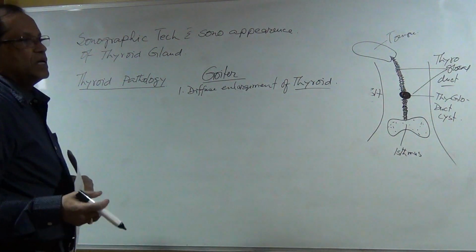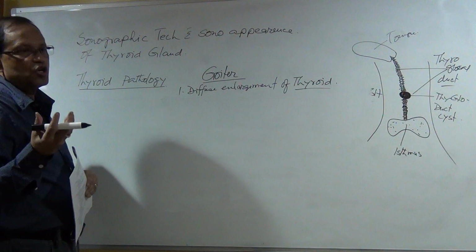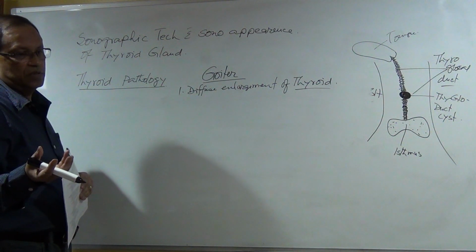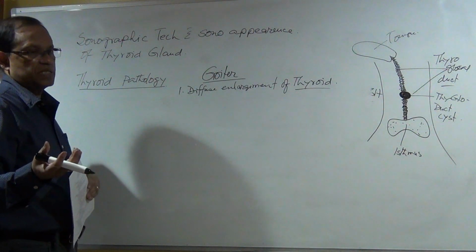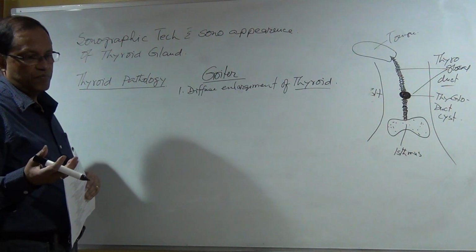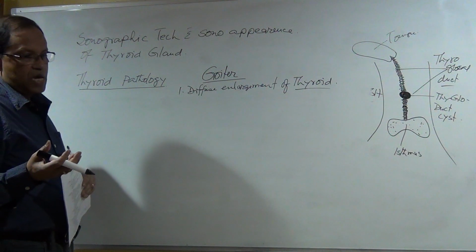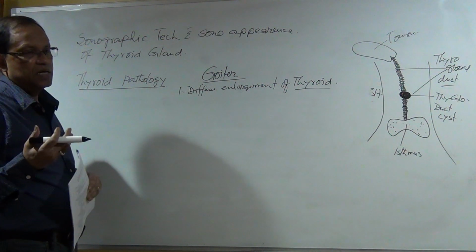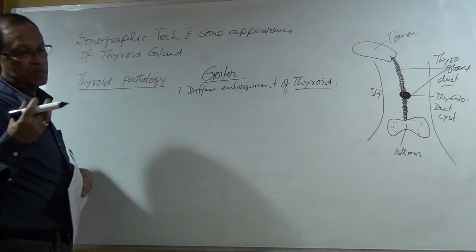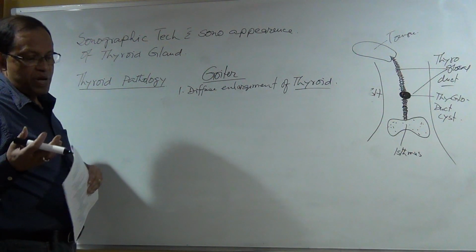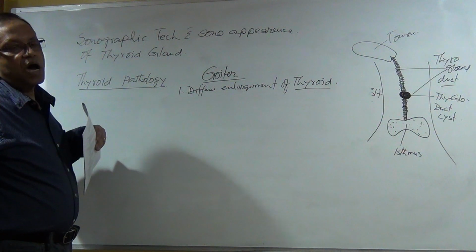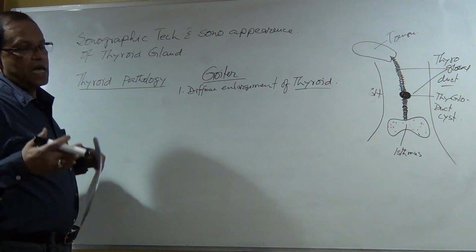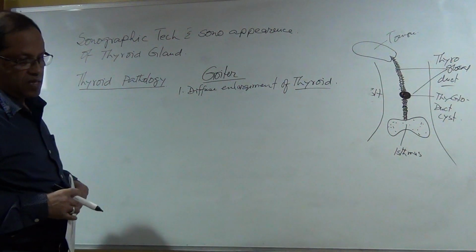Why? There is a formation of thyroid nodule. Sometimes you will see the colloid deposition, and sometimes the hyperfunctions of the thyroid follicles, making it hypertrophy of the cells, and as a result the thyroid gland is enlarged.